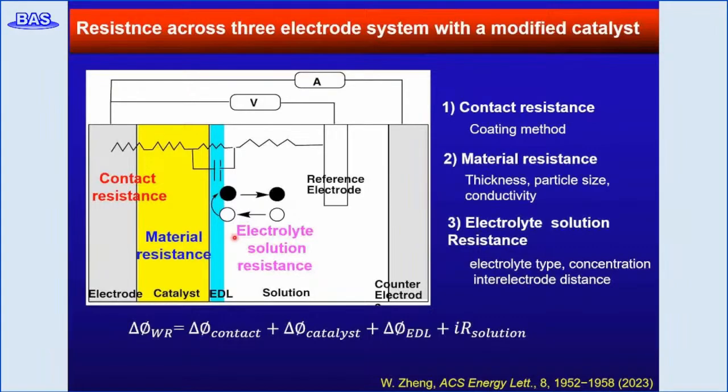The potential is controlled by the reference electrode and current flows through the counter electrode. In this case, there is resistance to electron transfer at the electrode surface. Between the working electrode and the catalyst, contact resistance is present.